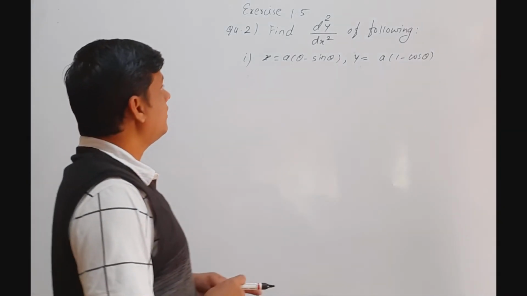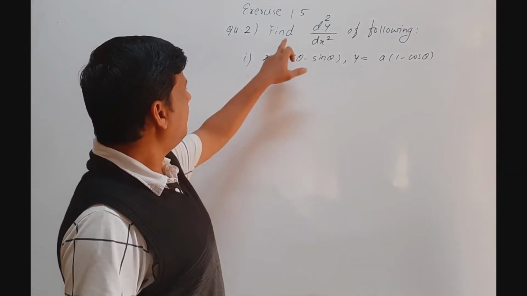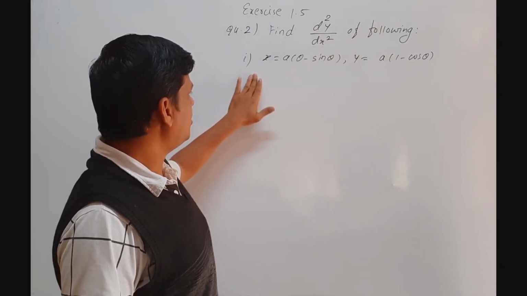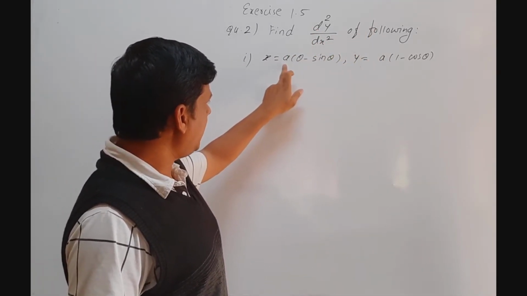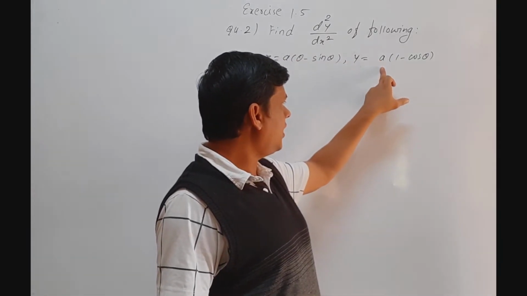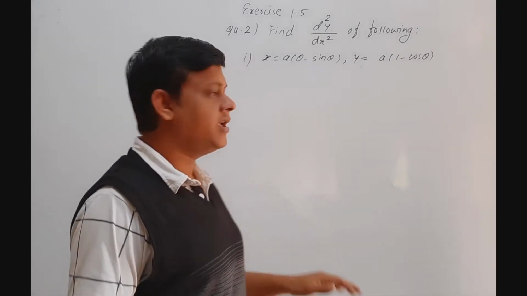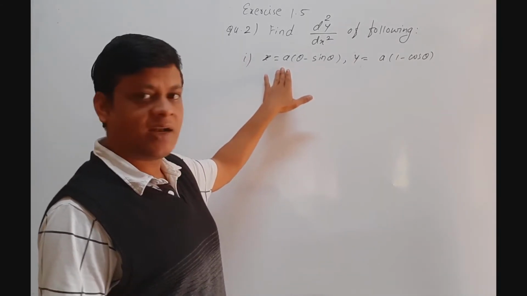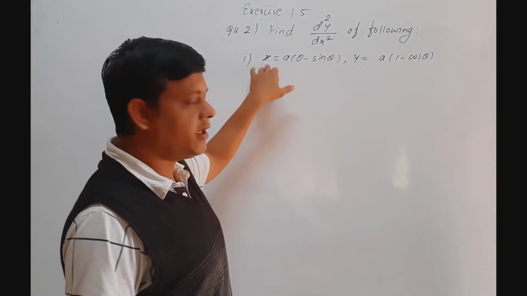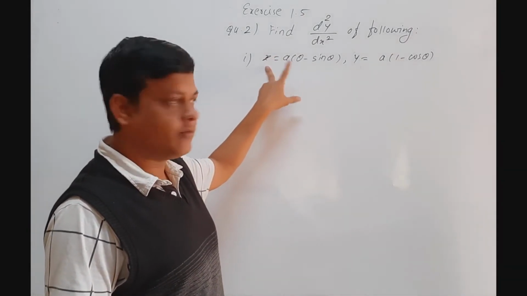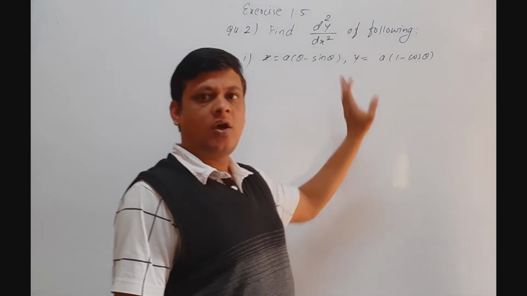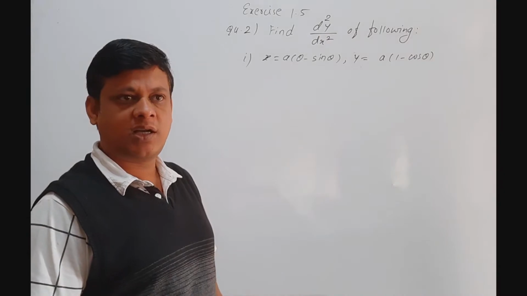Now the main question second: find d2y by dx2 of the following. Sub question 1: x equals a in bracket theta minus sin theta, y equals a in bracket 1 minus cos theta. That means the functions are parametric functions. So we have to find the derivative of x with respect to theta and the derivative of y with respect to theta, or we have to eliminate the parameter theta.